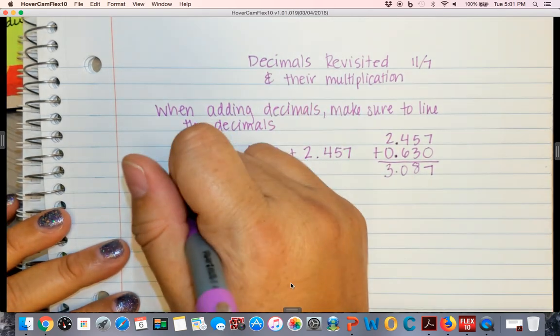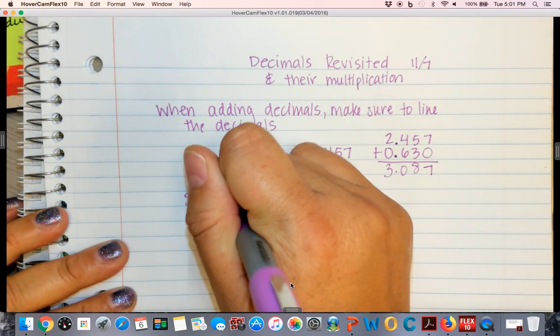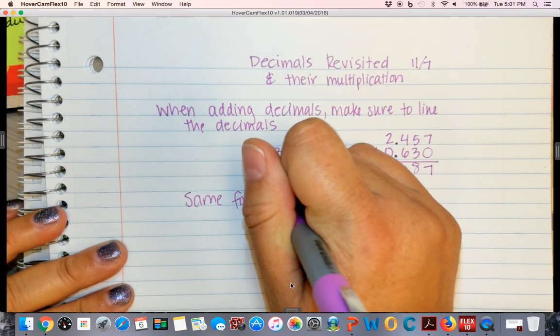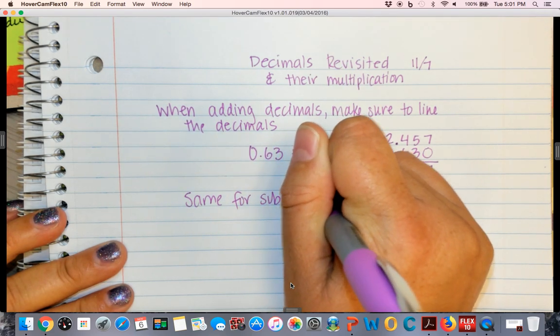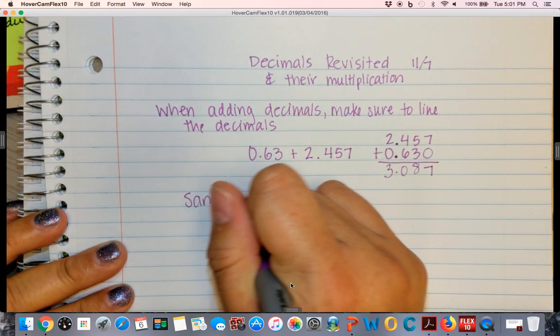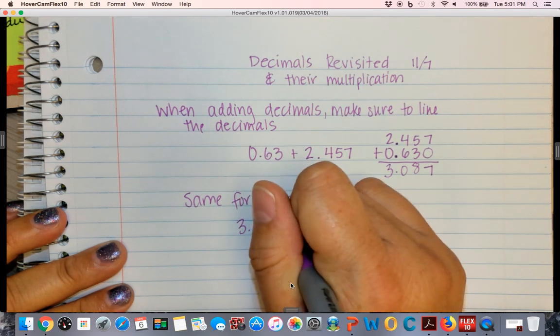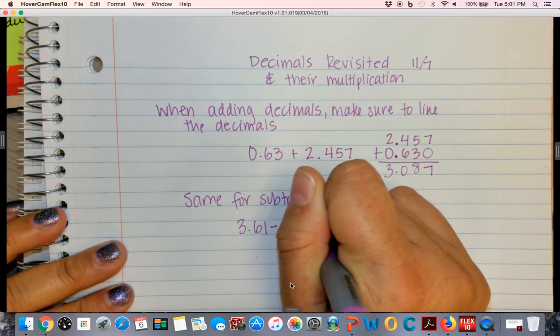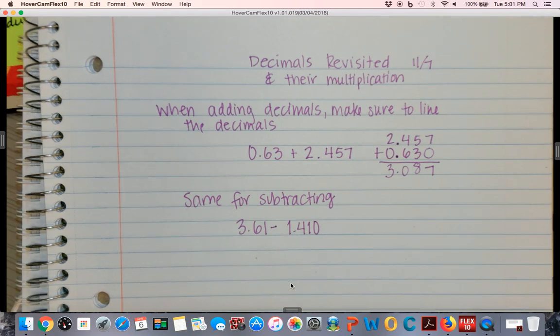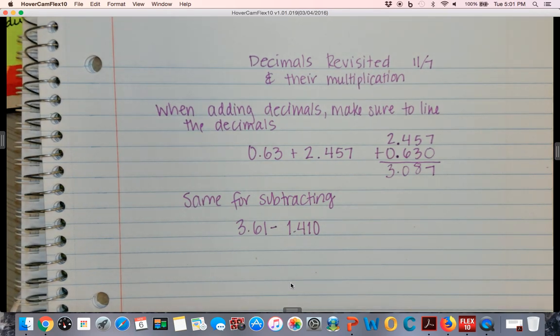Same thing for subtracting. Three and 61 hundredths minus 1 and 410 thousandths.